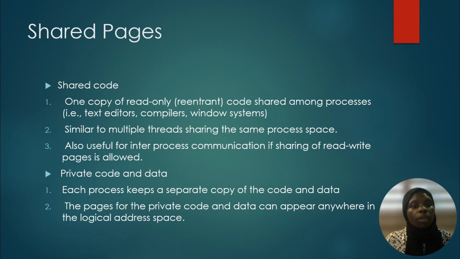Also useful for inter-process communication if sharing of read-write pages is allowed. Private code and data: 1. Each process keeps a separate copy of the code and data. 2. The pages for the private code and data can appear anywhere in the logical address space.